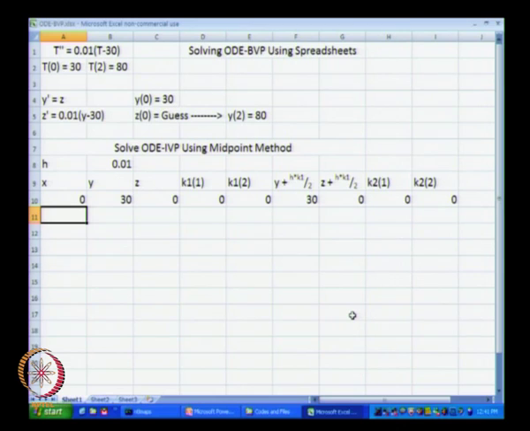Okay. Our next x is going to be x plus h, and again as always we will put dollars in front of this h. So, that is going to be our next x. Our y is going to be nothing but y plus h multiplied by k2, right.